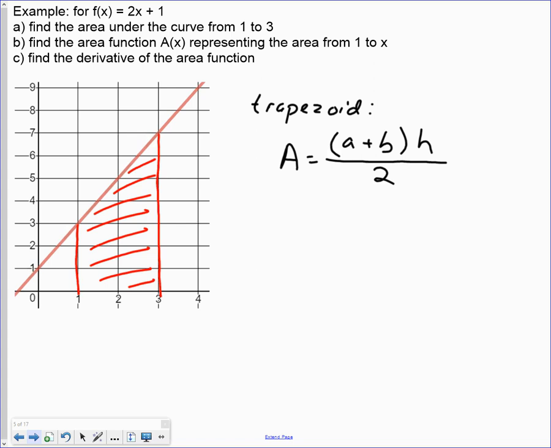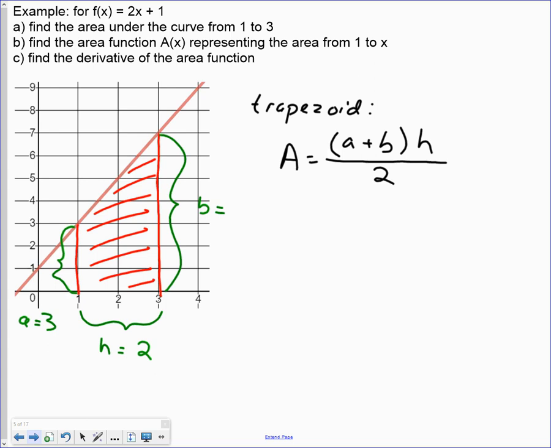So what we need are, I mean, this trapezoid is tilted on its side, right? So the height is going to be this distance from here to here. Our height is 2. Our top height is going to be this distance right in here. So this is A equals, looks like 3. And B is going to be sort of the length of the bottom if you tilt it 90 degrees.